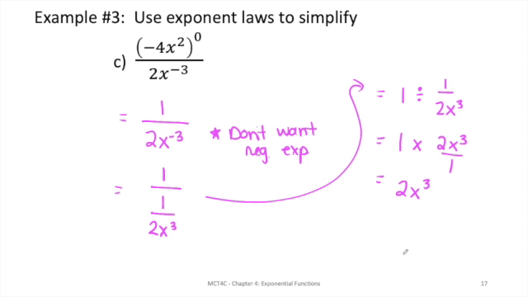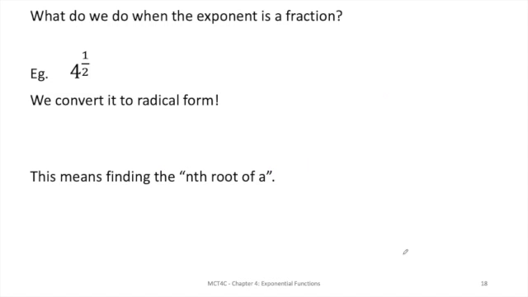Okay, last thing we're going to look at for our lesson is refreshing our memories on radical form. Okay, so what do we do when the exponent is a fraction? So we have 4 to the exponent 1 over 2. What we do to solve this is we convert it to radical form, which means finding the nth root of a. Okay, so this is what this looks like.